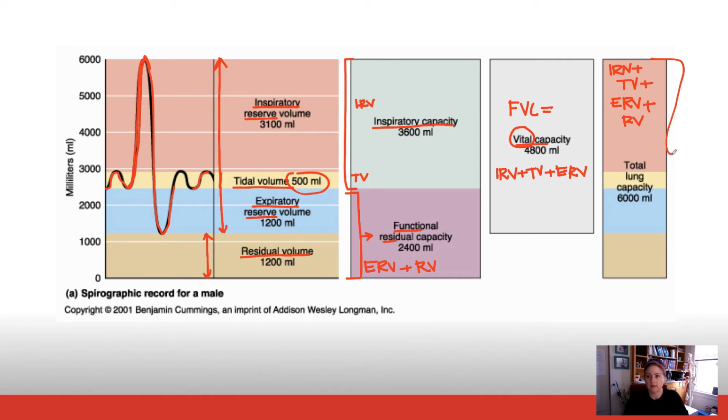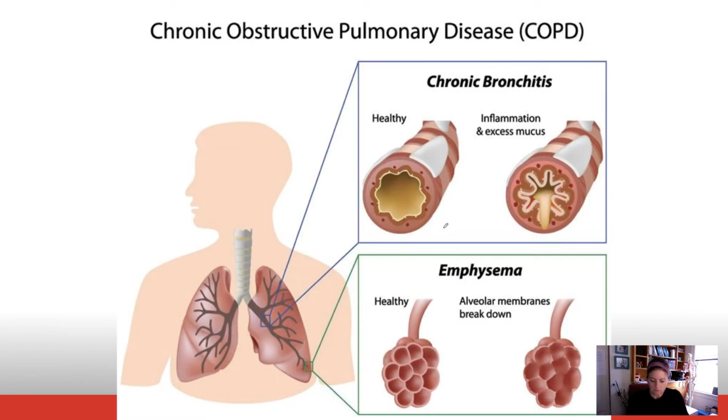So basically everything that we can put together makes up total lung capacity. And that tends to be around 6,000 mLs or 6 liters. But that includes this residual volume down here, even air that we don't really have access to. Total lung capacity.